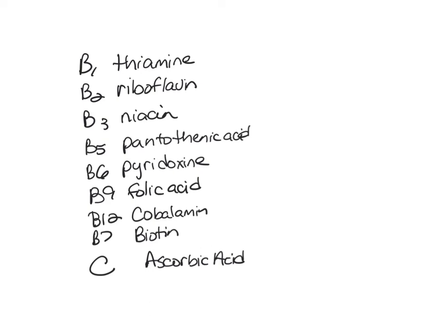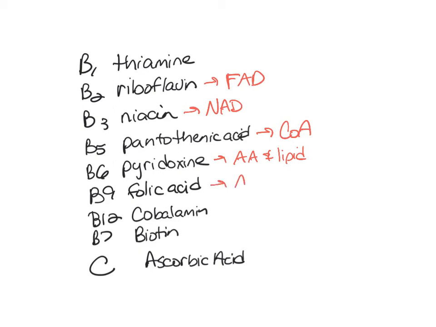Right, so I did give you some of the functions of these. We'll just go back over that quickly again. B2 or riboflavin is necessary to make FAD. Niacin is necessary to make NAD. Pantothenic acid is necessary to make coenzyme A. Pyridoxine is necessary to make amino acids and lipids. It's necessary for amino acid and lipid metabolism, and so is folic acid.